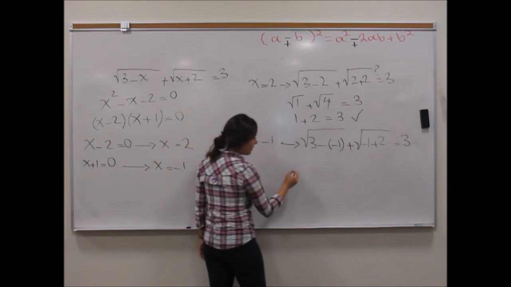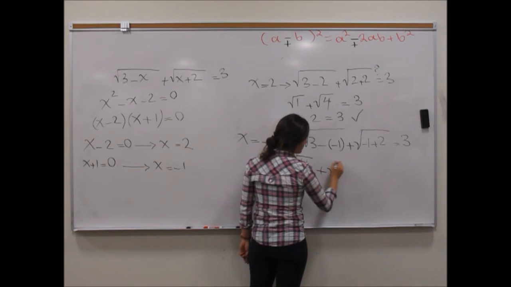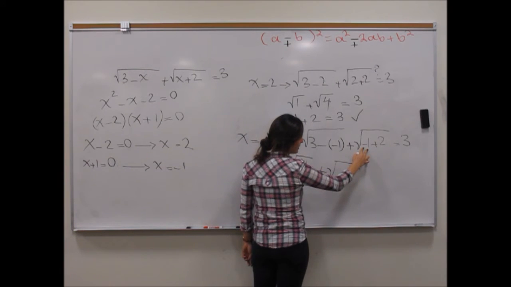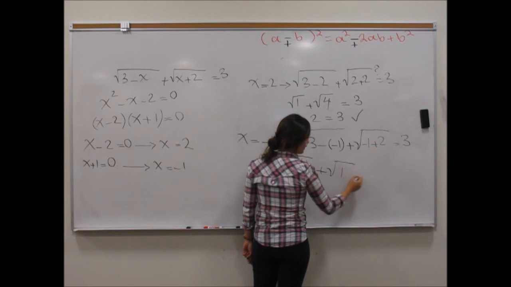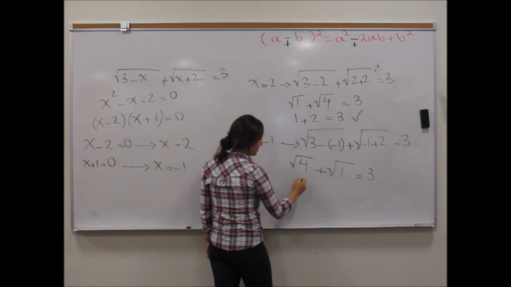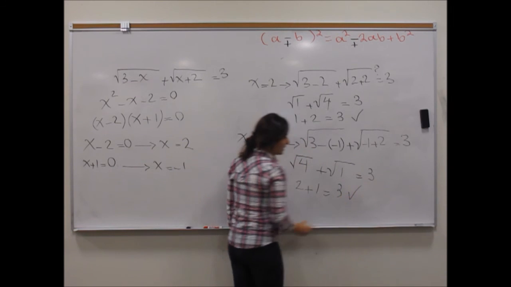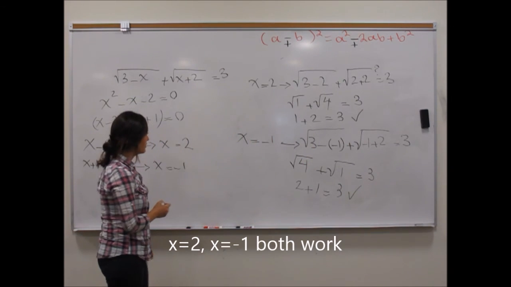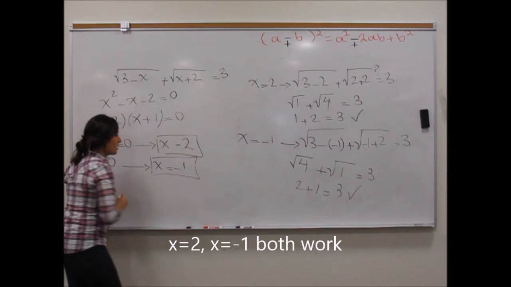So I'm going to have radical 4 plus radical of negative 1 plus 2, which is positive 1. Again, this will give me the same answer. So 2 plus 1 is 3, and this is absolutely true. So both of our answers work, and these two are the solutions of our equation.